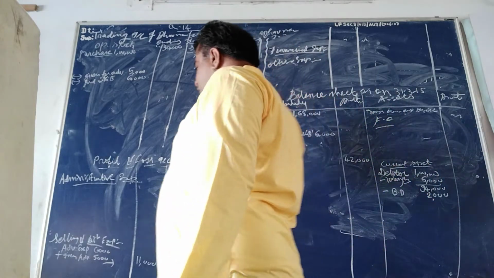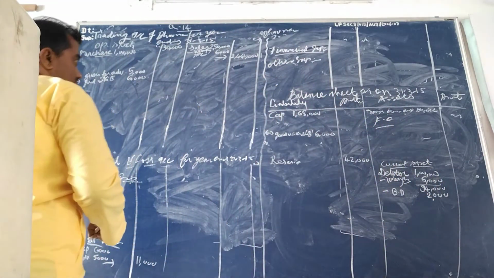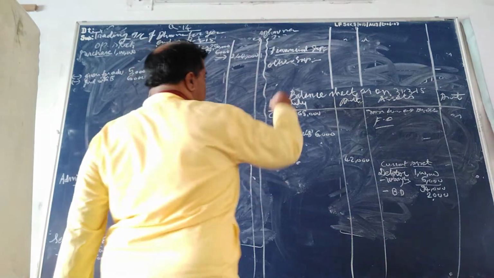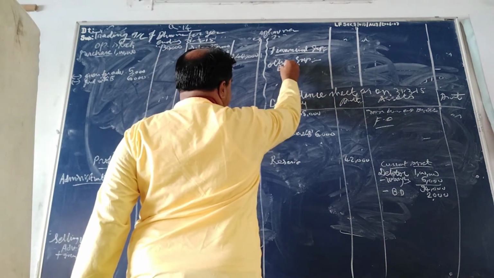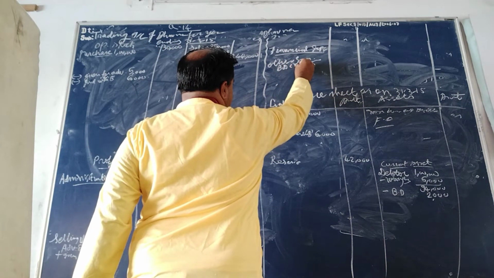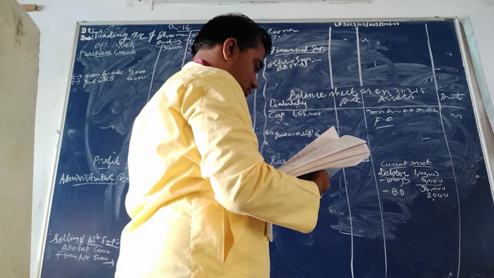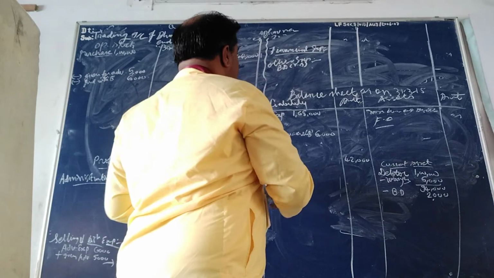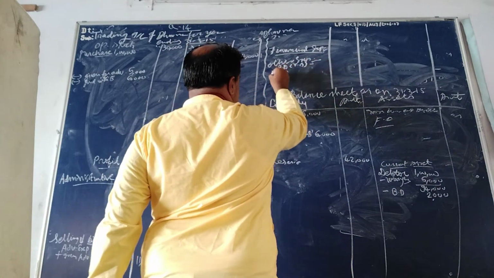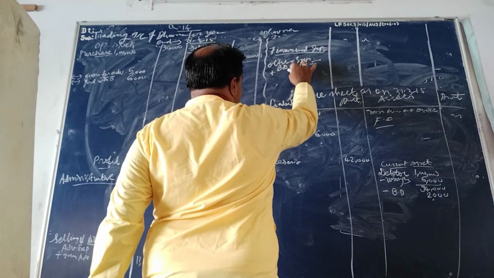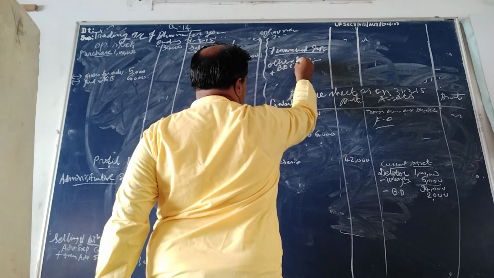Now second entry on the profit and loss account debit side, under other expense, bad debt from prior balance. Bad debt is not given, so here dash plus bad debt from adjustment.